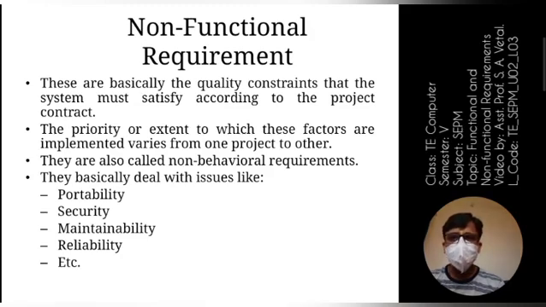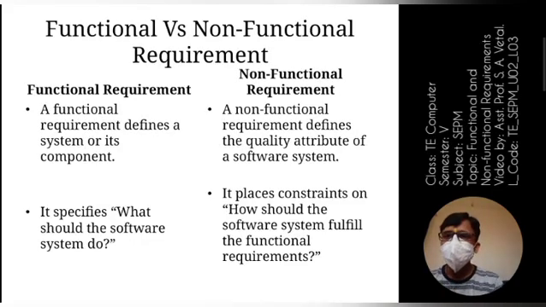Those constraints are things like portability, security, maintainability, reliability, etc. So let's move towards the next slide. We just discussed the functional requirement and non-functional requirement. In this slide, we are going to discuss the difference between them. We will discuss these two points with the help of differentiation.